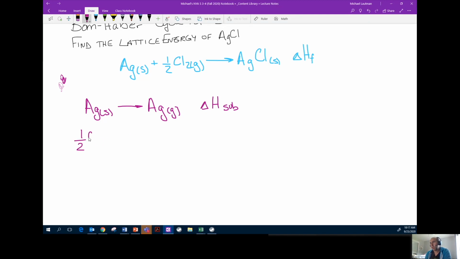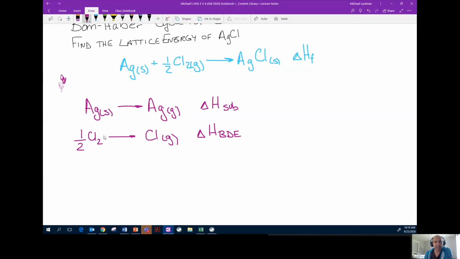That's going to give me one chlorine gas atom, and that's the bond dissociation energy, so I call that the BDE. Just a reminder, when we're doing thermodynamics, fractions are acceptable in balanced equations, but only when we're doing thermodynamics. Anytime you're looking at a balanced equation, fractions are not acceptable unless we're doing energy calculations. So now that I've got my gas phase atoms, what do I have to do?